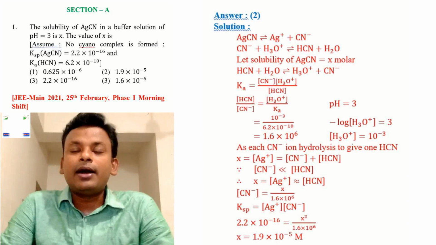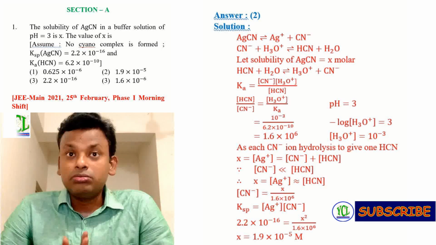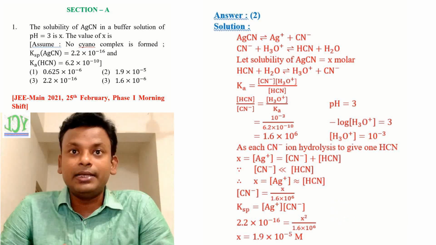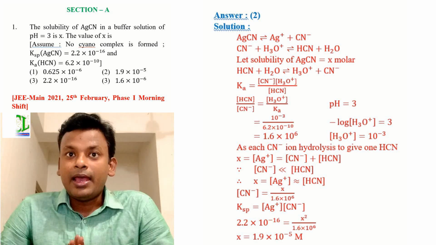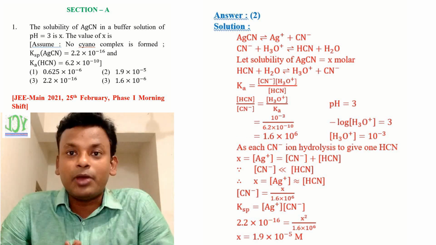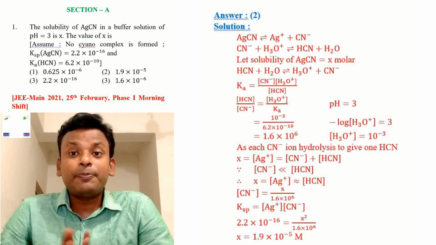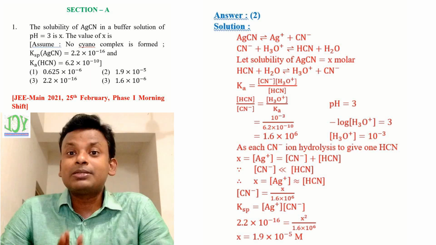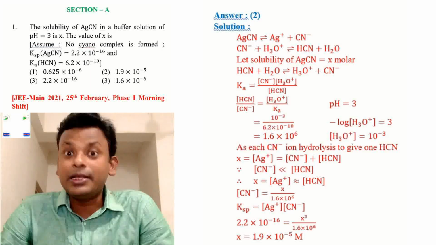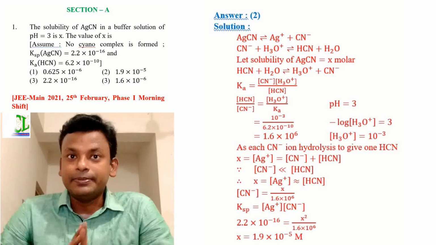We know that Ka equals concentration of CN negative into H3O positive by HCN, and HCN by CN equals 1.6 into 10 to the power 6. We know that pH equals 3, meaning minus log H3O positive equals 3, so the concentration of H3O positive equals 10 to the power minus 3.